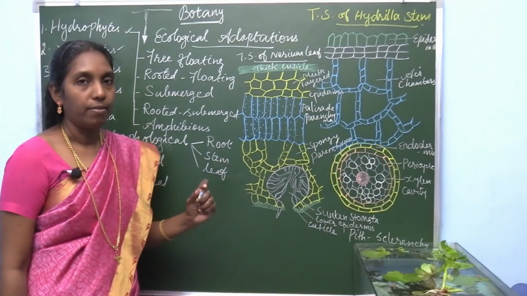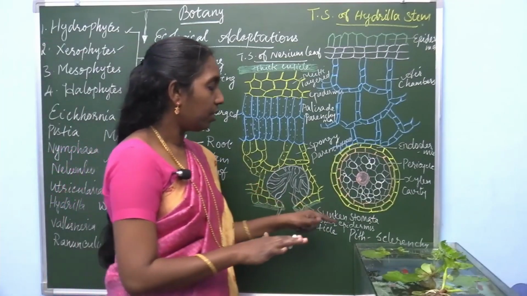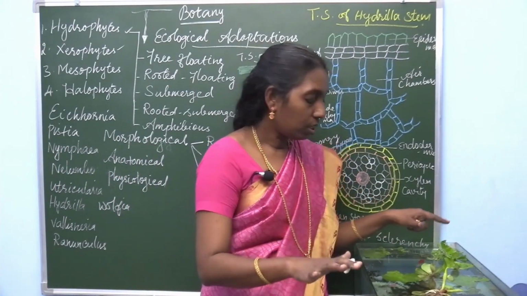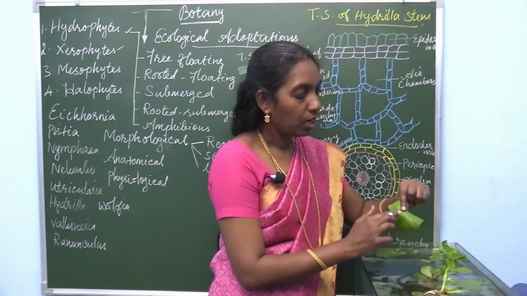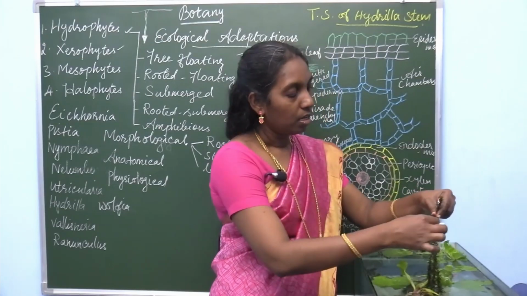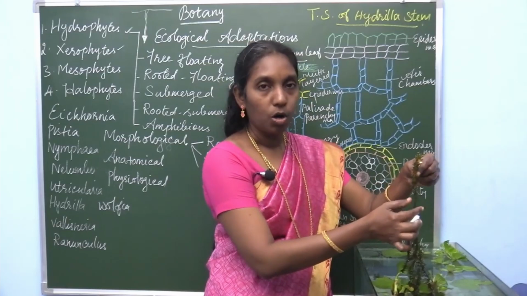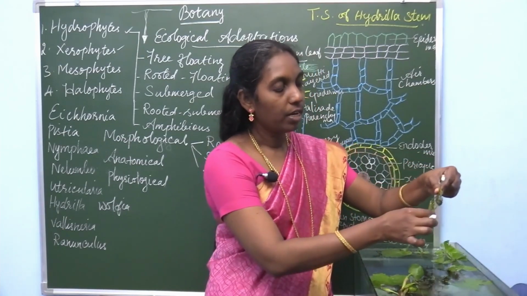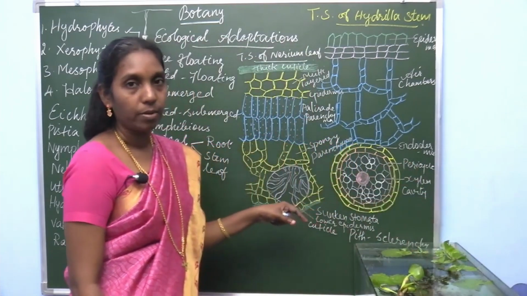What about the leaf? When the leaves float on the surface, they are entire leaves. In Hydrilla, the leaves are small, and sometimes very poorly developed in Utricularia and some other forms.